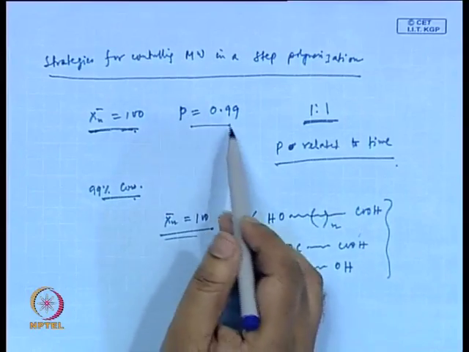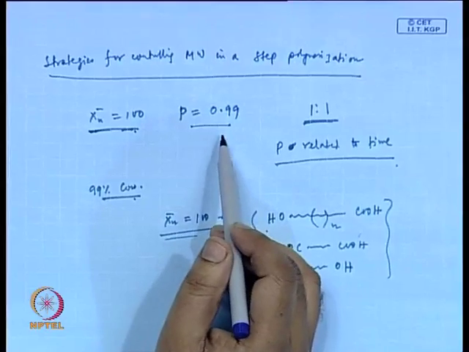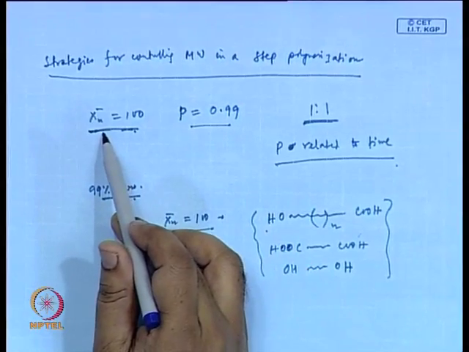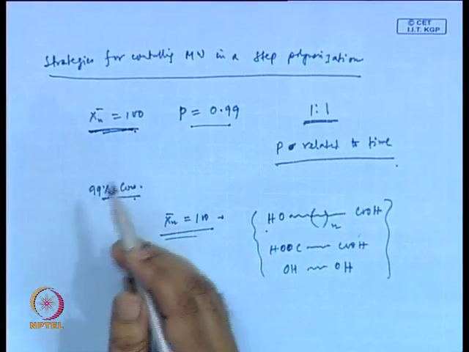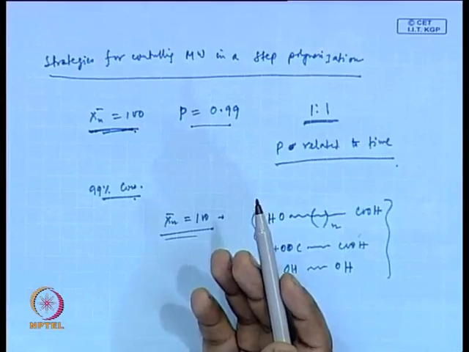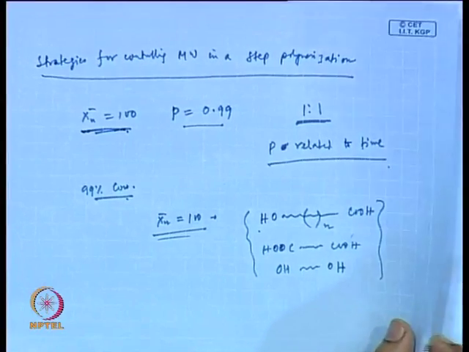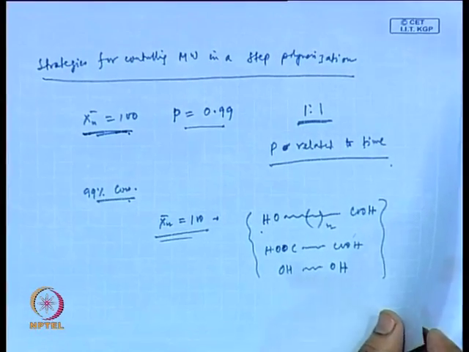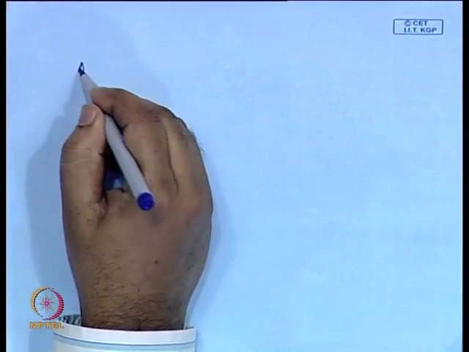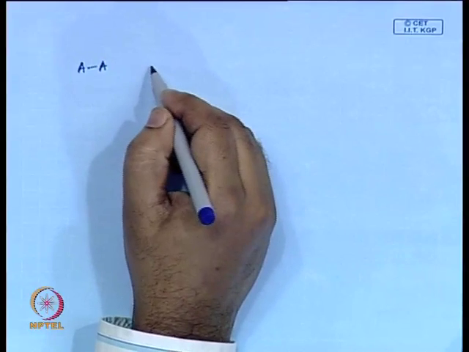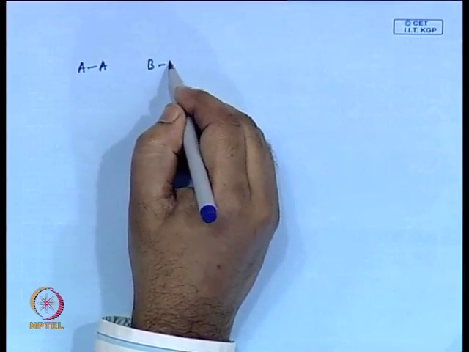So, it is not advisable to do a reaction and stop it in between at the level you targeted. How can we achieve that? What are the strategies to achieve what we targeted? One is to use one of the monomers in excess. For example, say you have monomers A and BB.